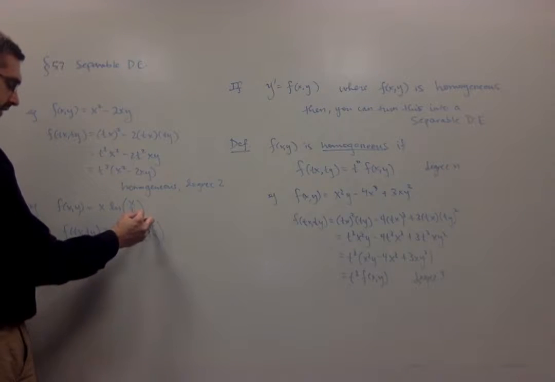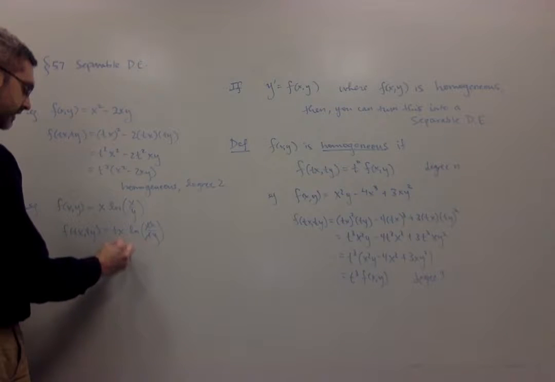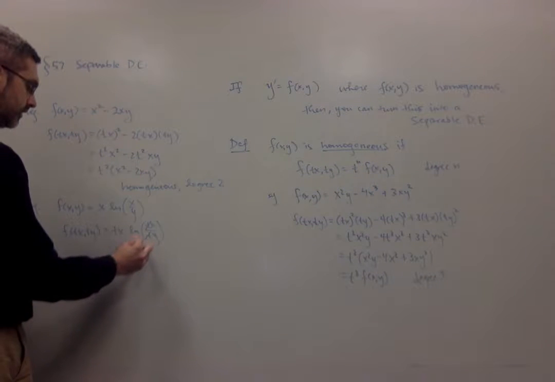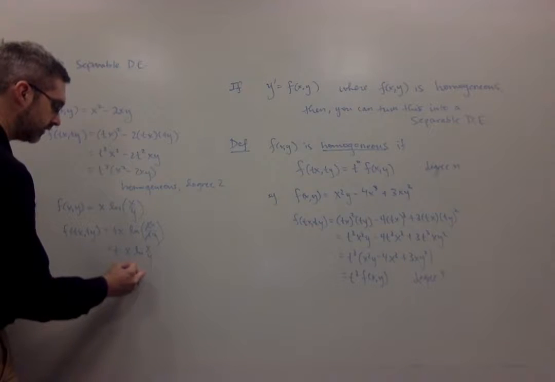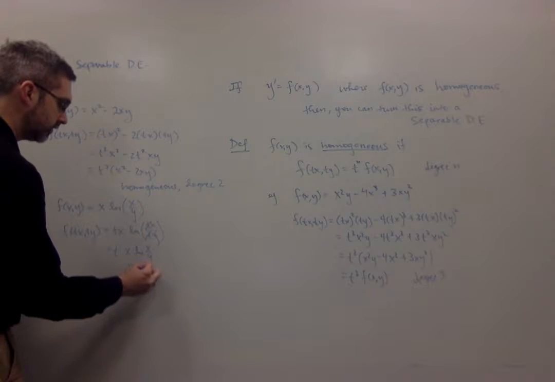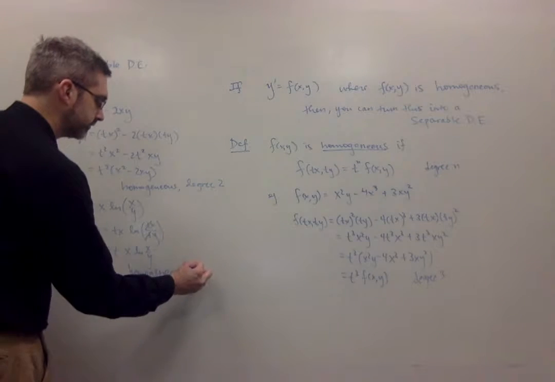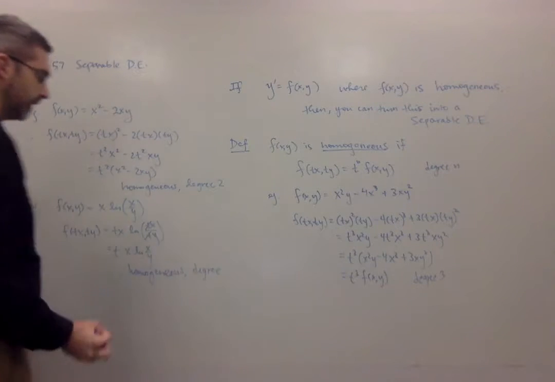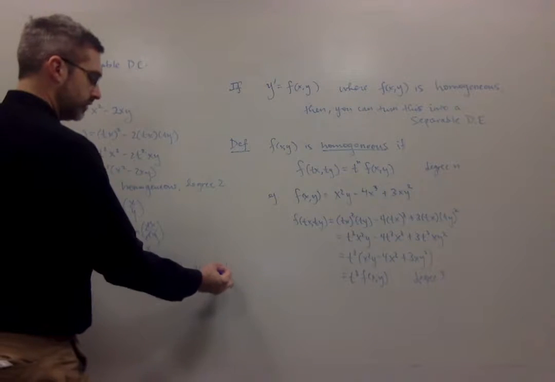And what you'll notice here is that the t's cancel there, and I'm left with t times the original function. So this is actually homogeneous. And what's the degree here? It's degree 1.